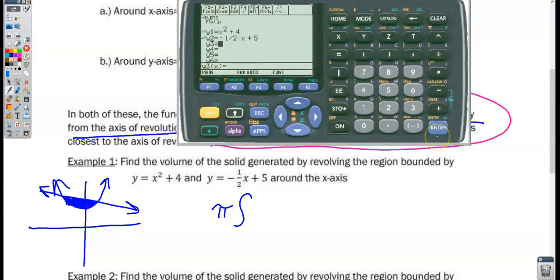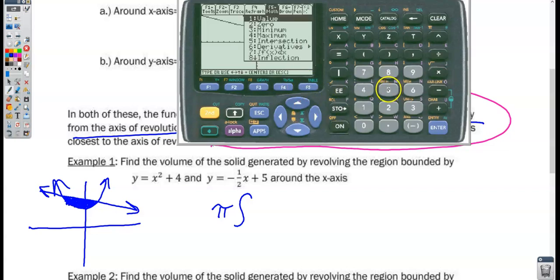If they show up on the non-calculator, you're usually dealing with some of the easier curves. This is one that I certainly could do by hand, but it's a little uglier than you would expect on a non-calculator section. So find my intersection of these 2 points.